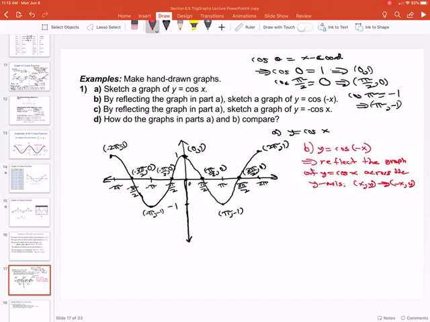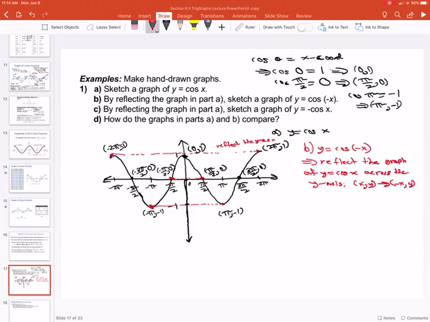So, for example, right here at pi, negative 1, we reflect across the y-axis. We'll be over here at negative pi, negative 1. Right? Pi over 2, 0. If we reflect across the y-axis, we'll be at negative pi over 2, 0. Right? 2 pi, 1. If we reflect directly across the y-axis, we'll be at negative 2 pi, 1. So again, I'm reflecting across the y-axis.